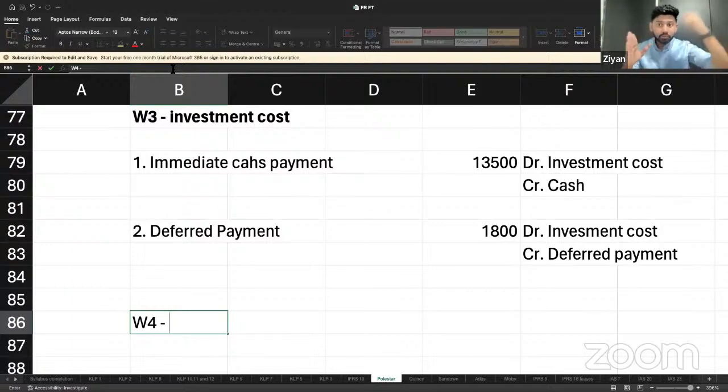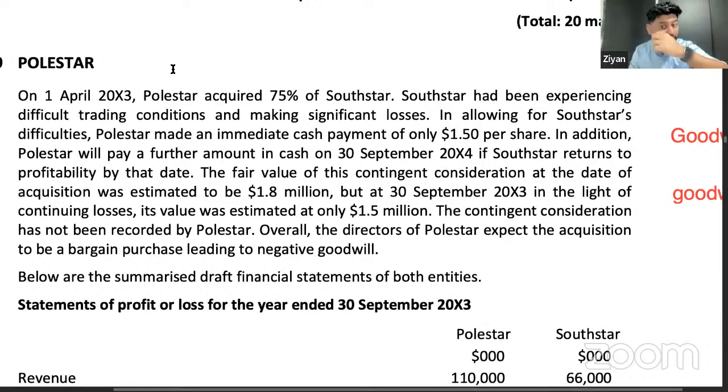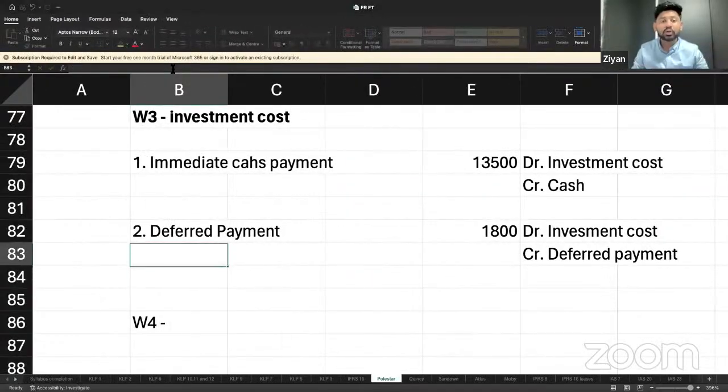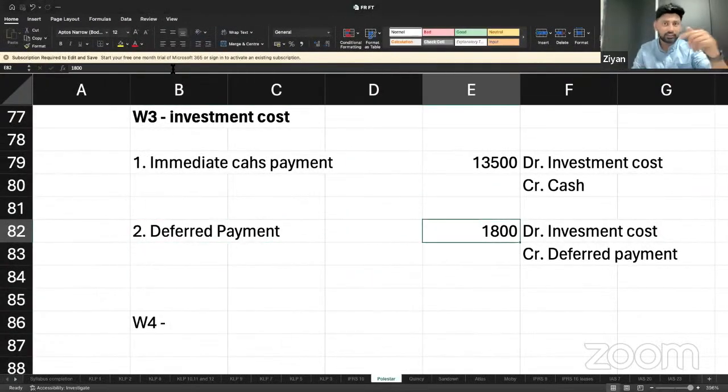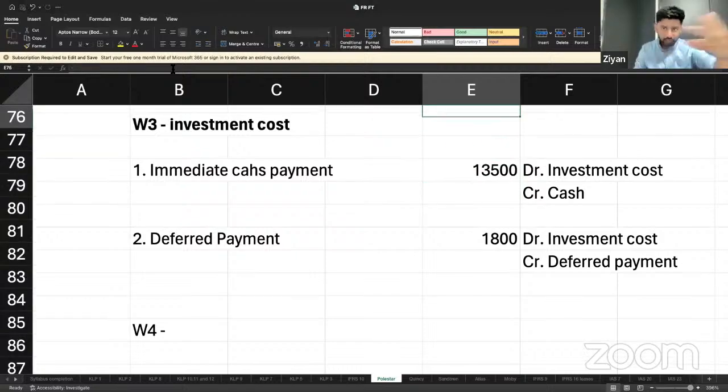You thought you'll pay how much? 1.8 million. They also say the contingent consideration has not yet been recorded, meaning the immediate cash payment is recorded. So this you have to record, no? So you have a liability to record how much? 1.8 million, 1,800 that you have to record, no? Okay, now we'll go and record that.